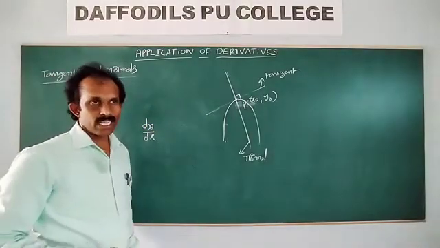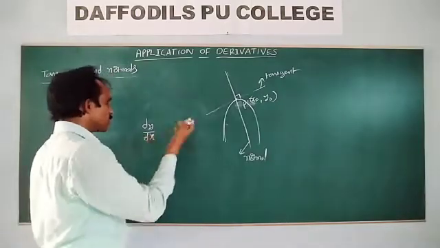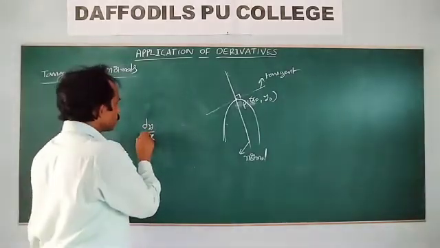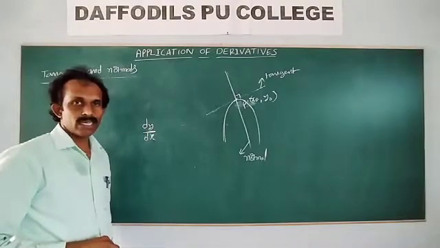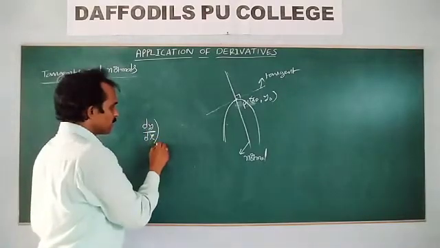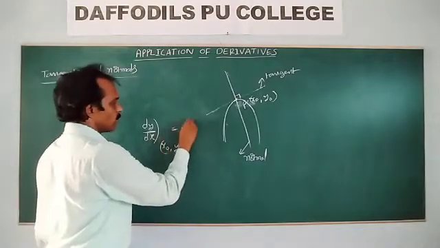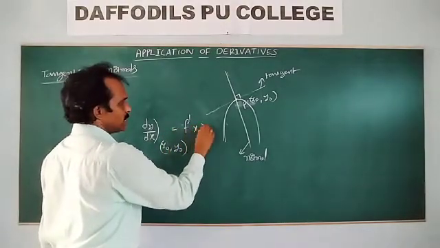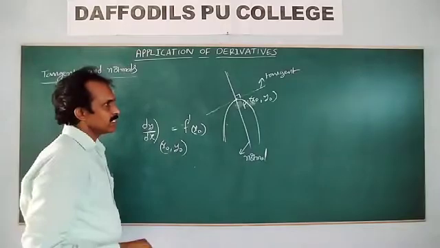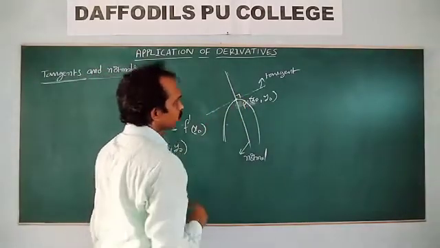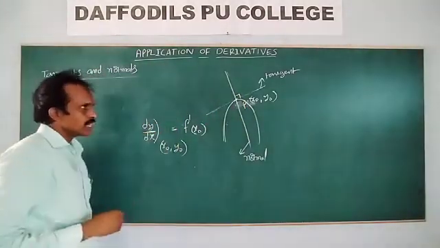In the previous class we discussed that for the curve, the slope is dy by dx at the point x naught, y naught. This can be written as f dash x naught at the point P. What is the normal slope?